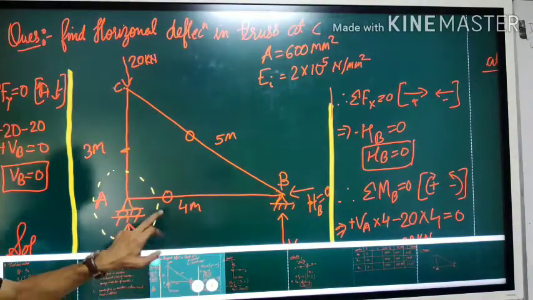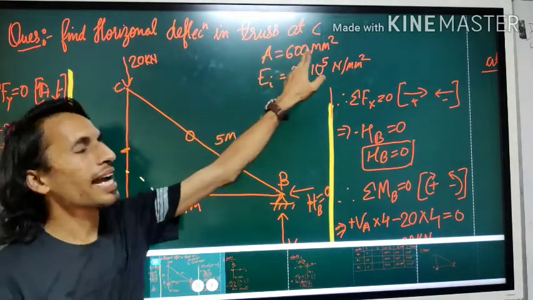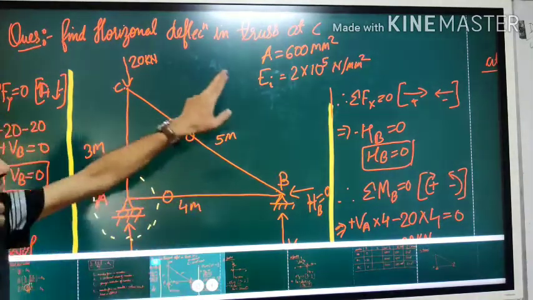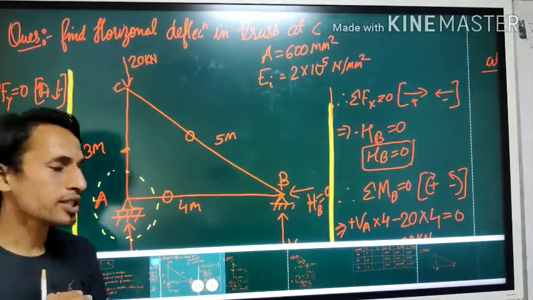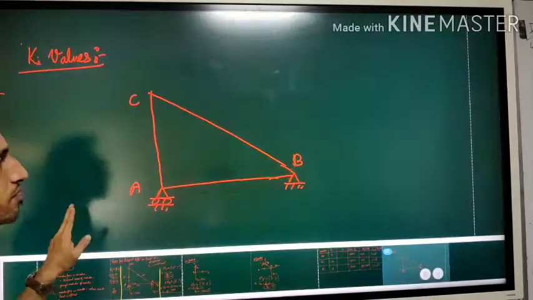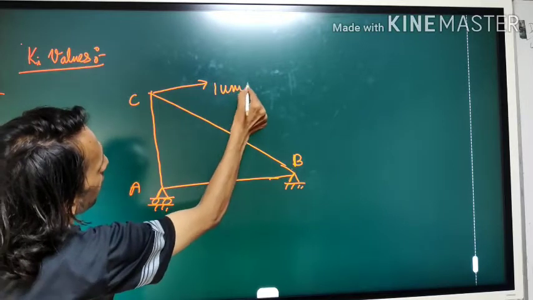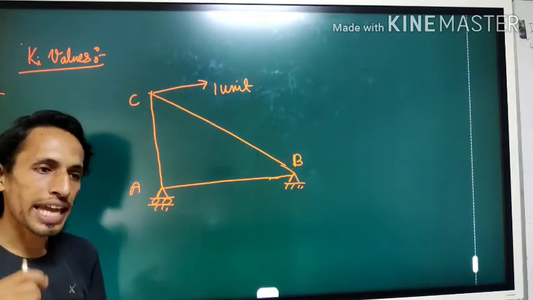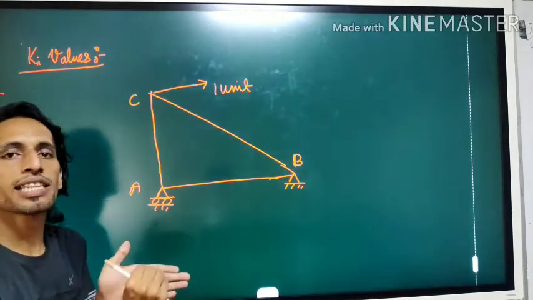See here, the question is asking to find the horizontal deflection in the truss at C. Earlier I was applying a pseudo load at C in the horizontal direction. Now I will not apply a pseudo load. Rather I will be applying a load of 1 unit. And what is the direction? The direction is the same direction in which the question is asking to find the deflection.